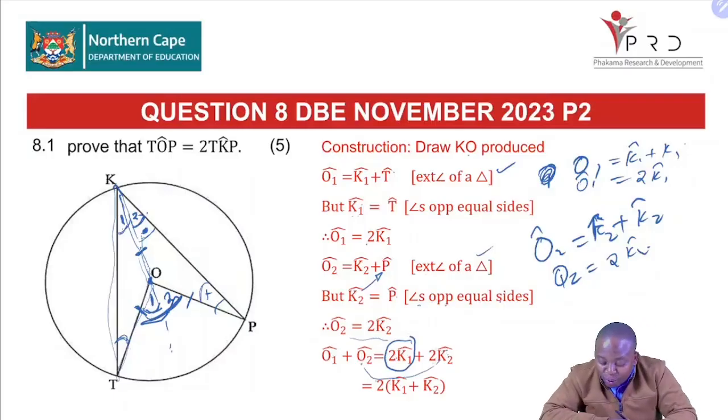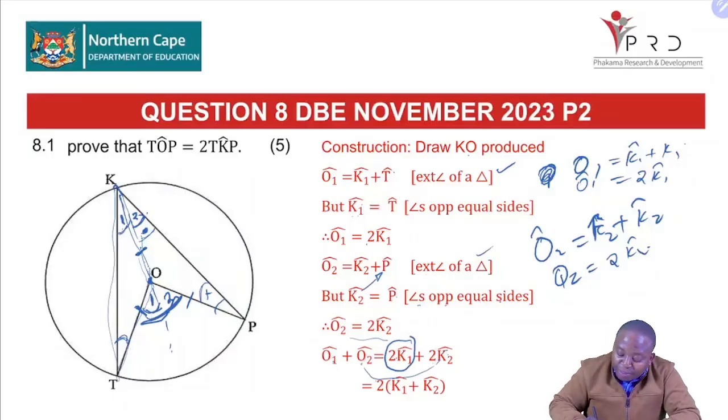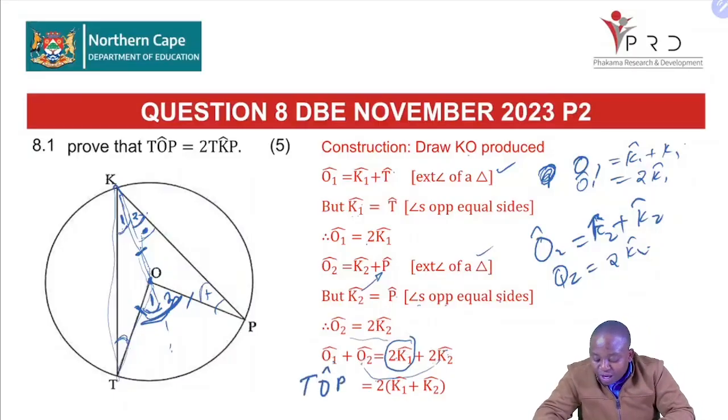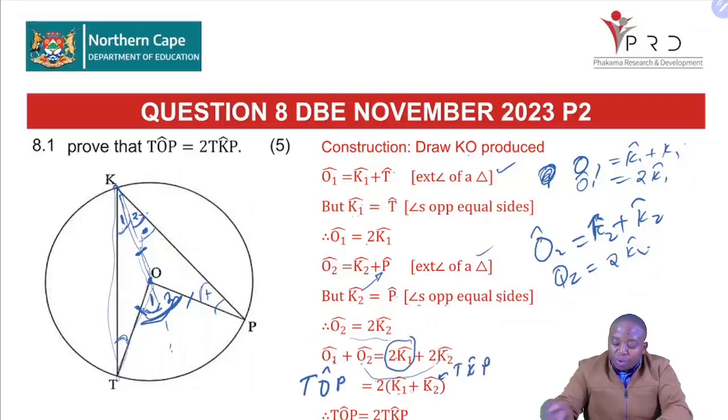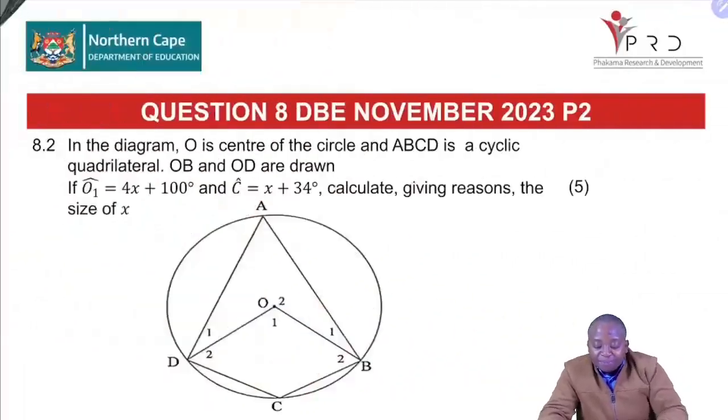Then we can see that O1 plus O2, which is TOP, is actually 2 into K1 plus K2. Therefore, K1 plus K2, remember, is giving me TKP. So TOP is now equal to 2 times TKP.